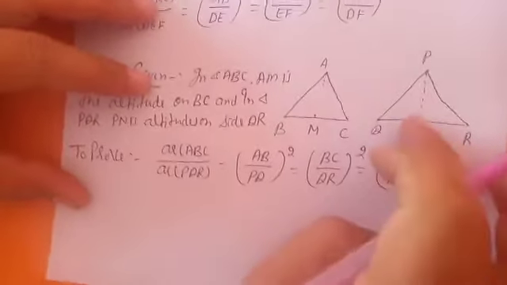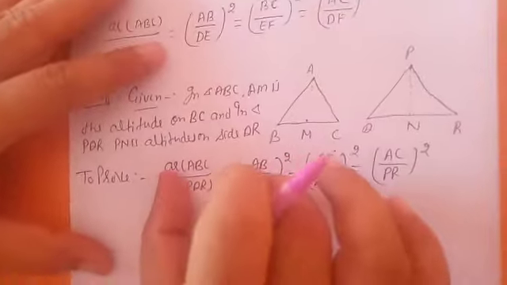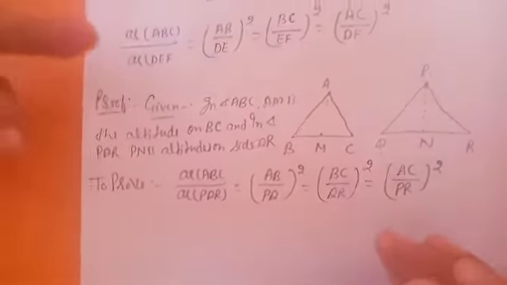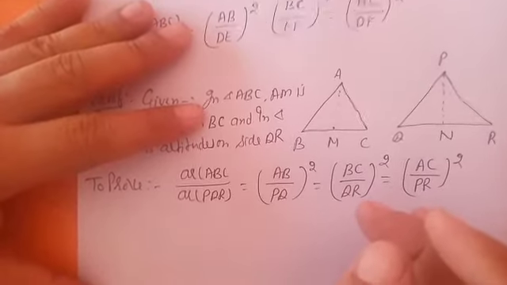If triangles are similar, it means sides are in the same ratio. So I think you can prove only one part, that's sufficient. Then you can say these two triangles are similar, so the remaining conditions are also satisfied.